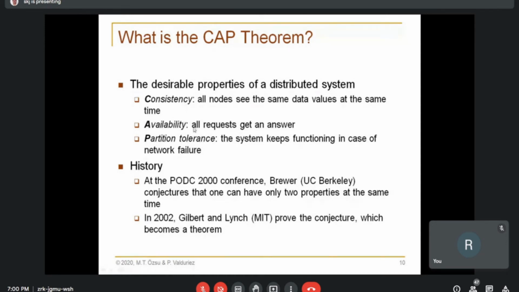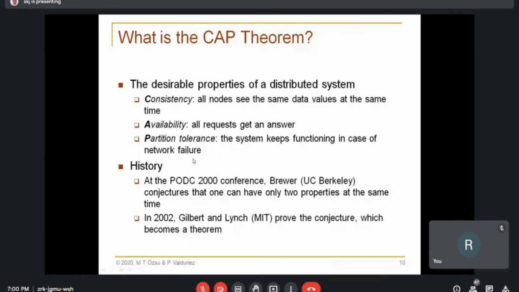Availability means all requests get an answer. Suppose I put my query here and the data is not present, but it is present somewhere else. Even then, I should get my answer all the time. Partition tolerance means the system keeps functioning in case of network failure. All these three should ideally be satisfied; they are the desirable properties.